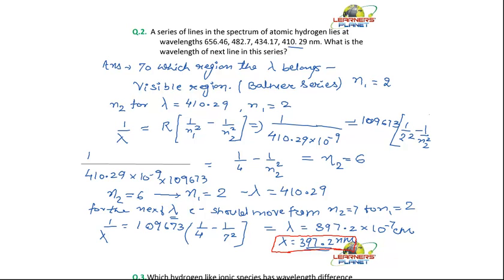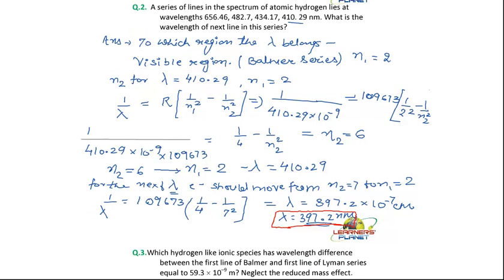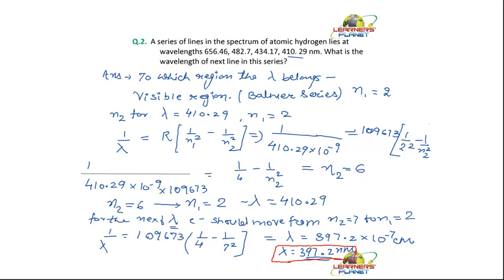Is my point clear? How did we find out? Just by finding out the energy level from where the transition has taken place, given the wavelength of 410.29.